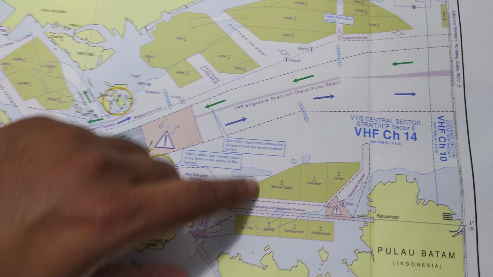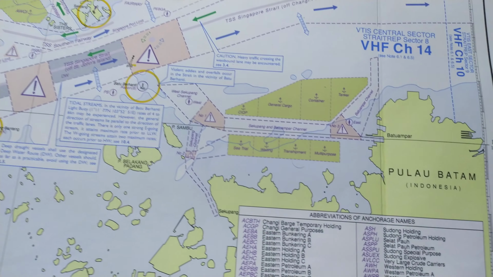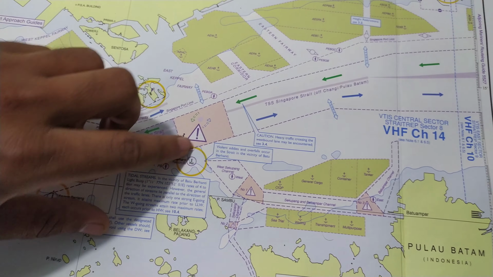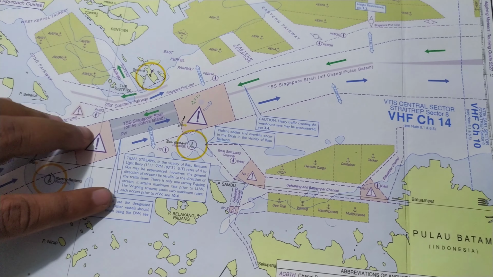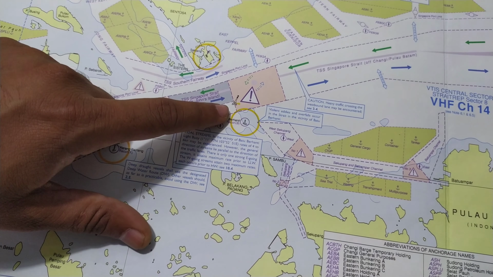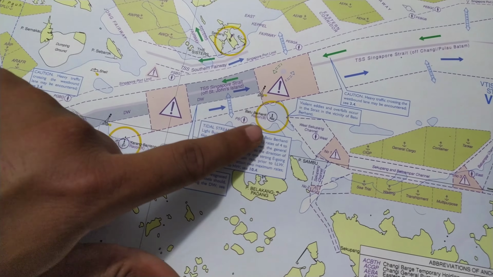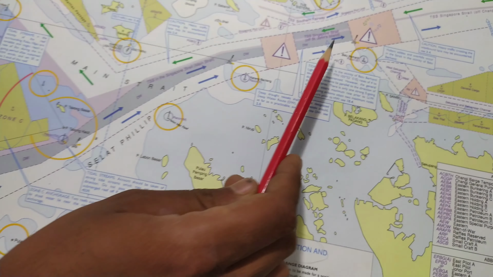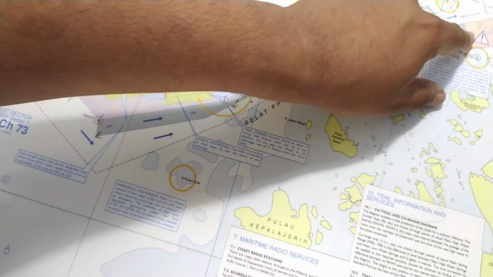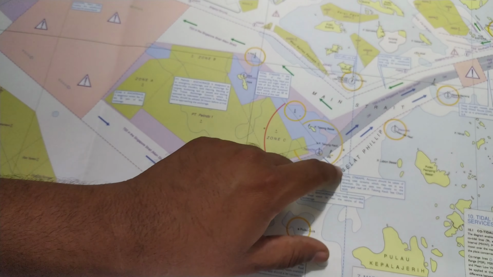This is the pilot boarding ground, the anchorage positions and reporting areas. This is the reporting area. Then caution advices, the important buoys and the racons. So this is the general direction. They are giving you the general direction and the next general direction.